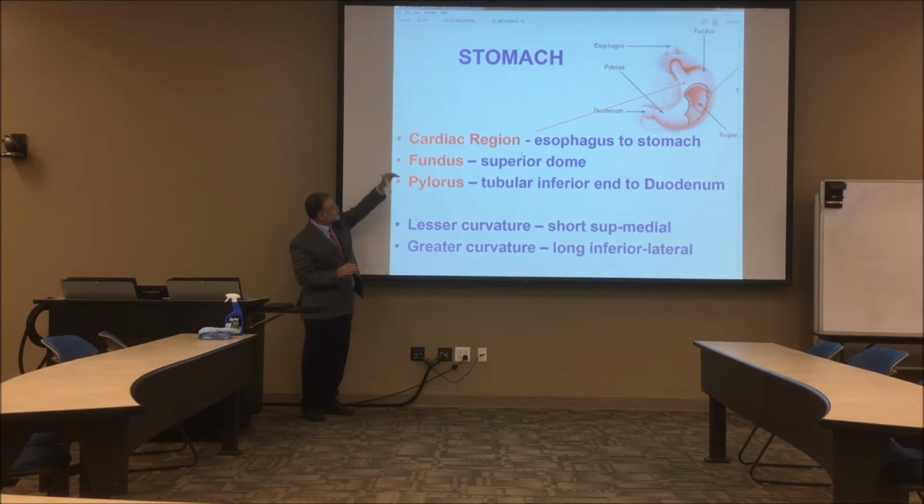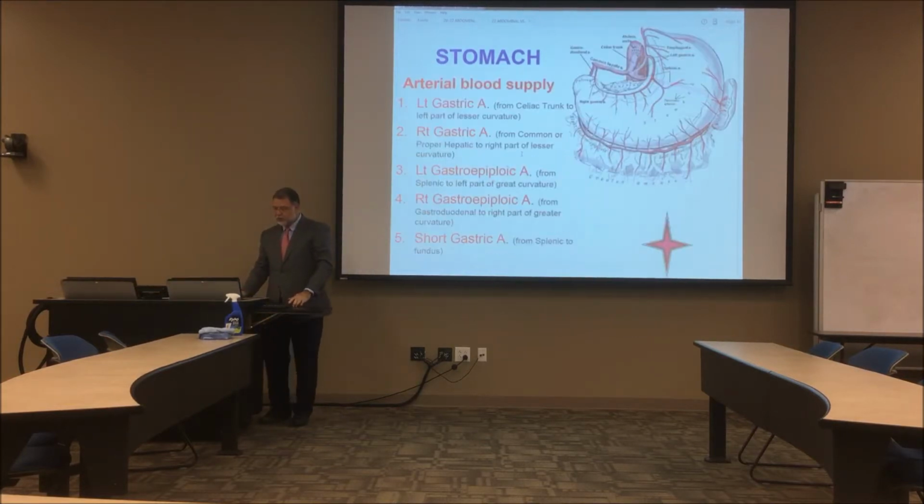One is the superior part, the fundus, the greater and lesser curvature, and then you're going to have the pyloric region or the pylorus. The pyloric sphincter, like the cardiac sphincter, helps to regulate the amount of food that goes in, doesn't allow it to go up, or opens to go into the small intestine afterwards.